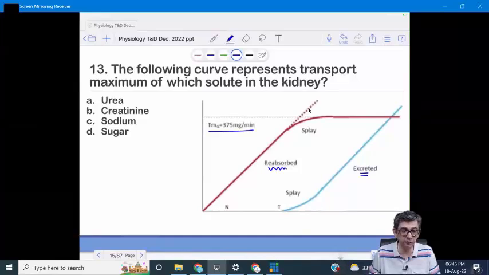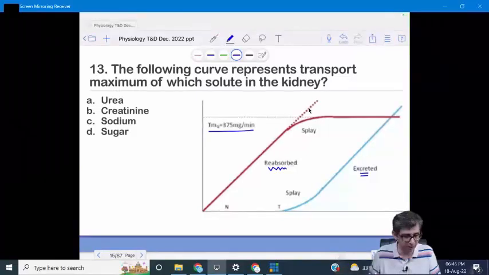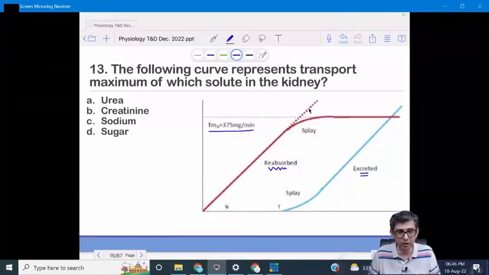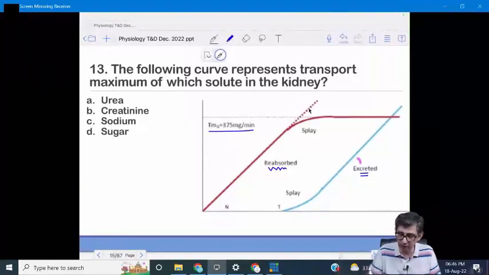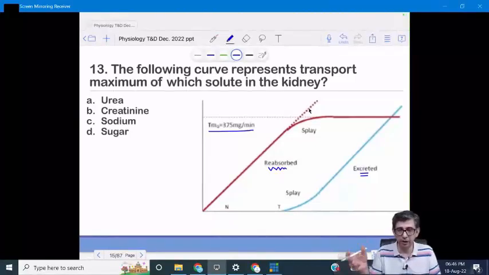Urea per se is not reabsorbed, it is only excreted. Creatinine is excreted. So if the curve was for urea and creatinine, then it would have shown only excretion. But here you are seeing that something is getting reabsorbed also, and that is sugar. Because we might eat a lot of sweets, like at festival time, but sugar does not come in the urine.